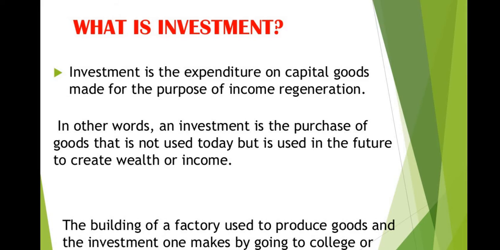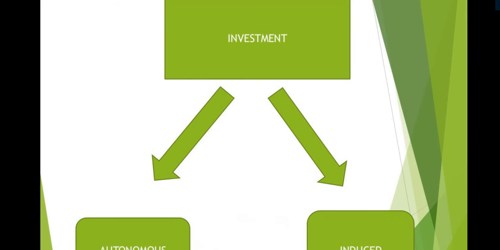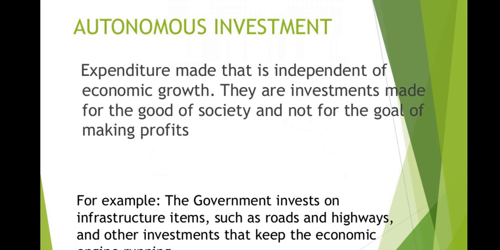There are two types of investment: autonomous investment and induced investment. What is autonomous investment? It is expenditure that is independent of economic growth. These are investments made for the good of society and not for the goal of making profit.